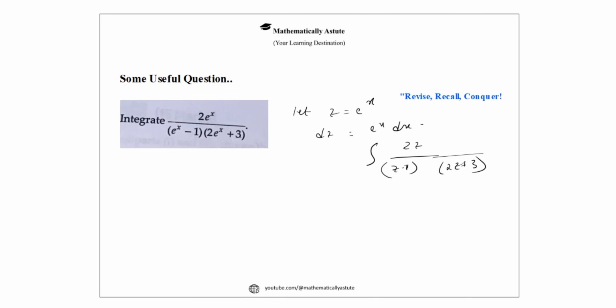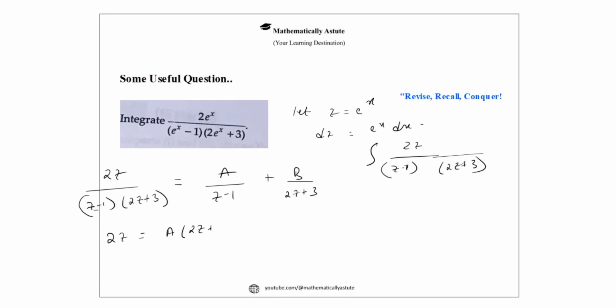Say 2z by (z minus 1)(2z plus 3) can be written as A by (z minus 1) plus B by (2z plus 3). On cross multiplication, it is A times (2z plus 3) plus B times (z minus 1).